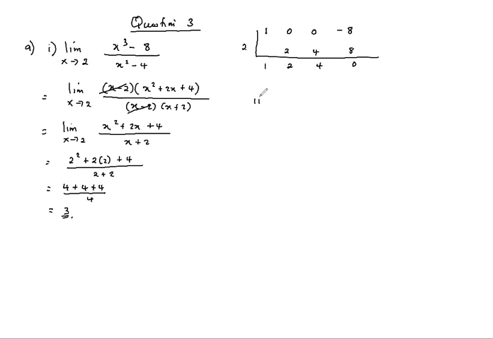Second one, the limit as x goes to infinity of 2x cubed plus 1 over 6 plus x squared minus 3x cubed. So this is the same as the limit as x goes to infinity. You factor out x cubed on top, you remain with that.